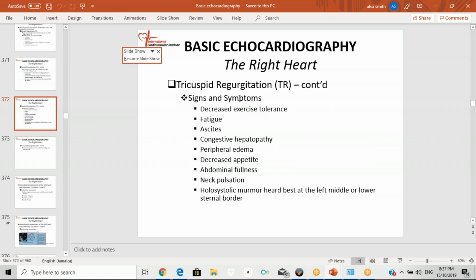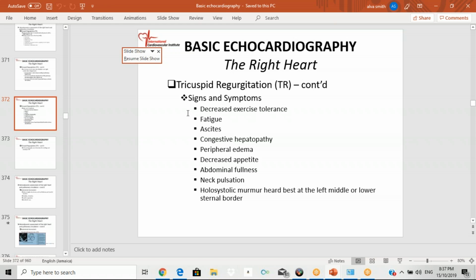What are some of the signs and symptoms of tricuspid regurgitation? Now, if it's significant, then you're going to get decreased cardiac output. So patients will have fatigue, decreased exercise tolerance. Remember, if there is significant pressure or significant volume going backwards, then the liver would see a significant amount of blood flowing backwards.